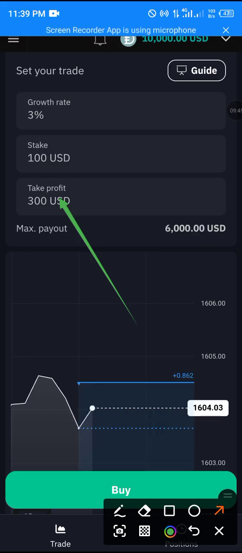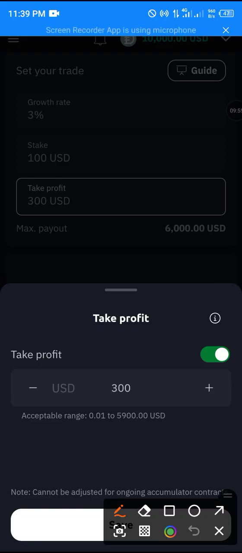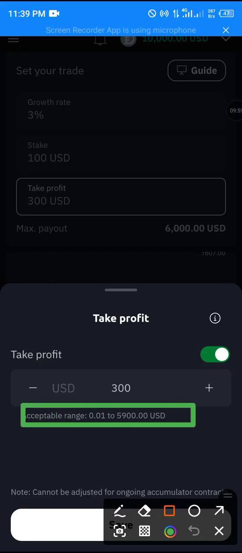Now I'm gonna click on it because it's clickable. As I'm using a $100 stake, if you look at this place now, they said the acceptable range here too is 0.01 to 5,900.